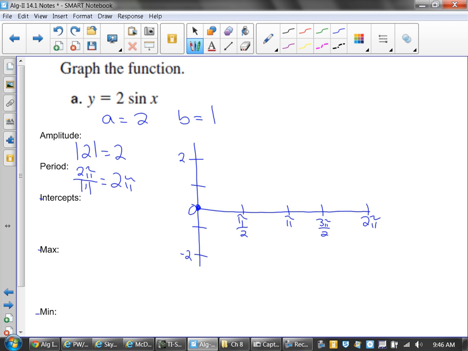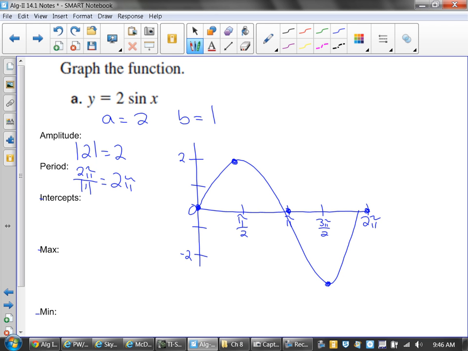Sine starts at 0, goes to the amplitude, back to 0, the opposite of the amplitude, back to 0. Sine will always follow that pattern. 0, amplitude, 0, opposite amplitude, 0. Okay? And there's your curve.